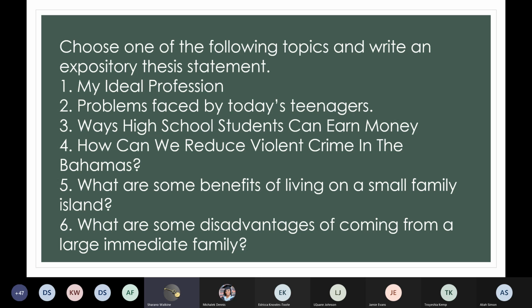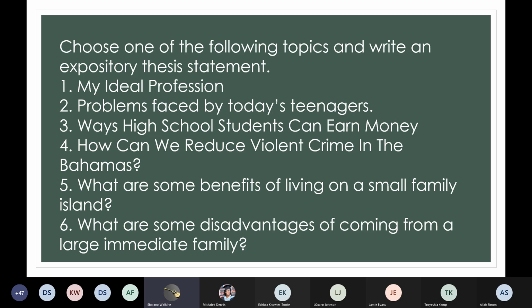These are 6 topics. I want you to keep these in mind, because you will be getting an assignment related to this, but it's a simple assignment. You'll be writing a thesis. You're choosing one of the following topics and writing an expository thesis statement. 1. My ideal profession. 2. Problems faced by today's teenagers. 3. Ways in which high school students can earn money. 4. How can we reduce violent crime in the Bahamas? 5. What are some benefits of living on a small family island?